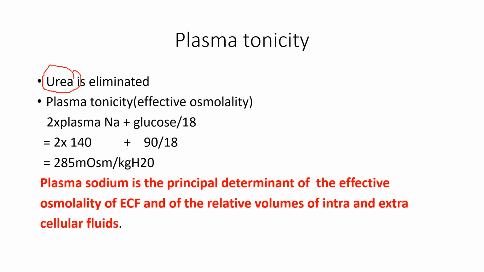So plasma tonicity, or effective osmolality, equals 2 times sodium plus glucose divided by 18, as we said before. So the net result will be 285 milliosmol per kilogram water, and this is the plasma tonicity or effective osmolality.